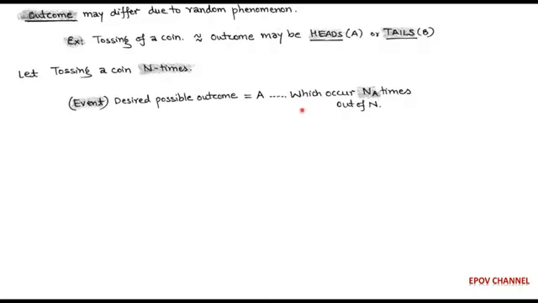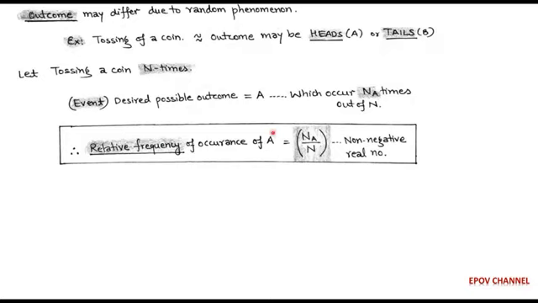From this observation, we define the relative frequency of occurrence of head A, and it is equal to the ratio of Na upon n. Here, Na is the number of times head A is observed, and n is the total number of trials for the experiment of tossing a coin.